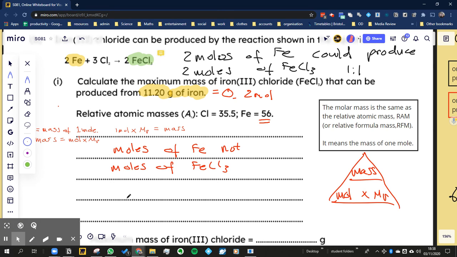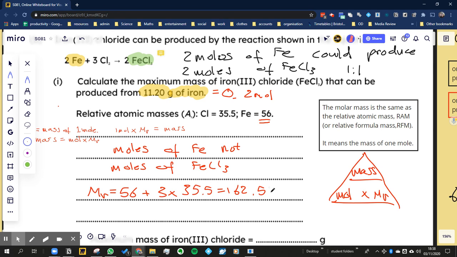So we know it's 0.2 moles. So the mass is going to be equal to the moles times the molar mass. Let's work out the molar mass of iron chloride. It's going to be 56 plus 3 times 35.5, so that's equal to 162.5.